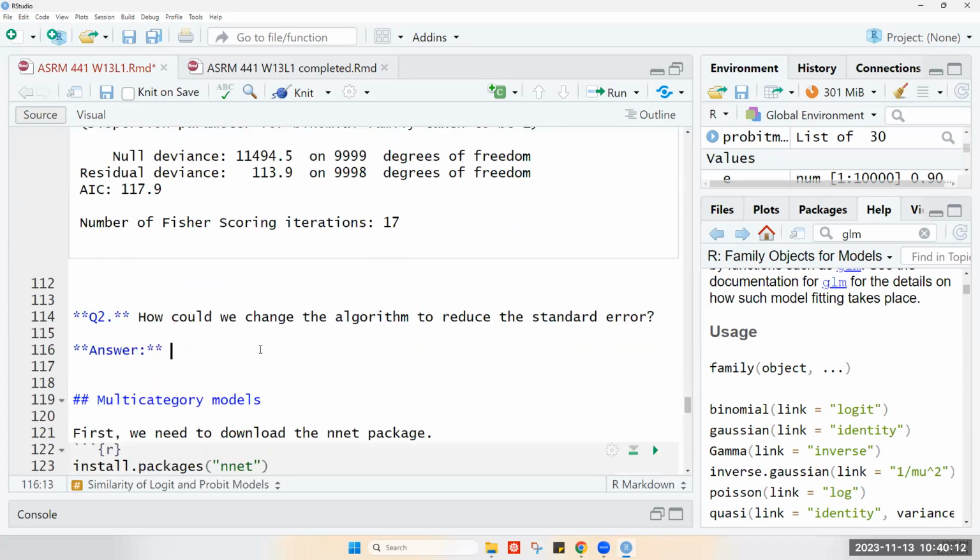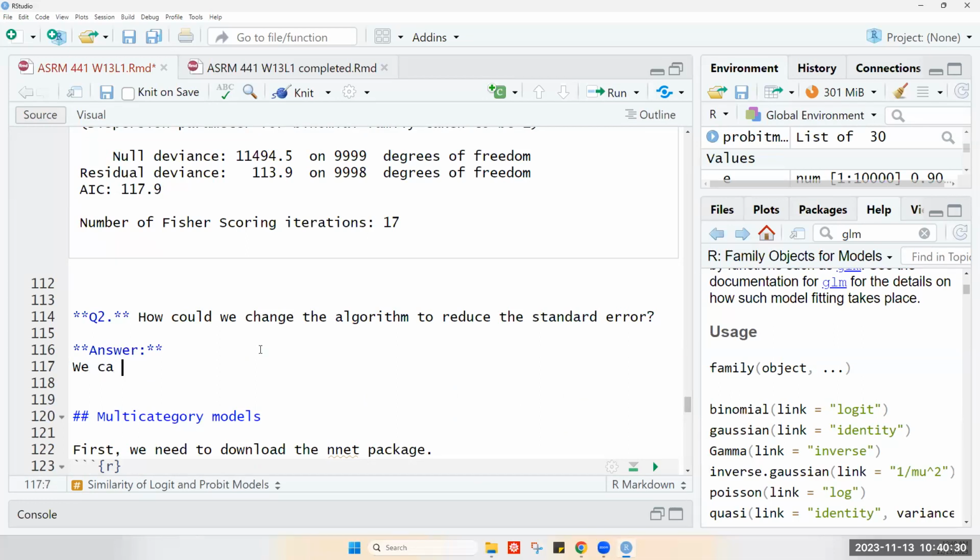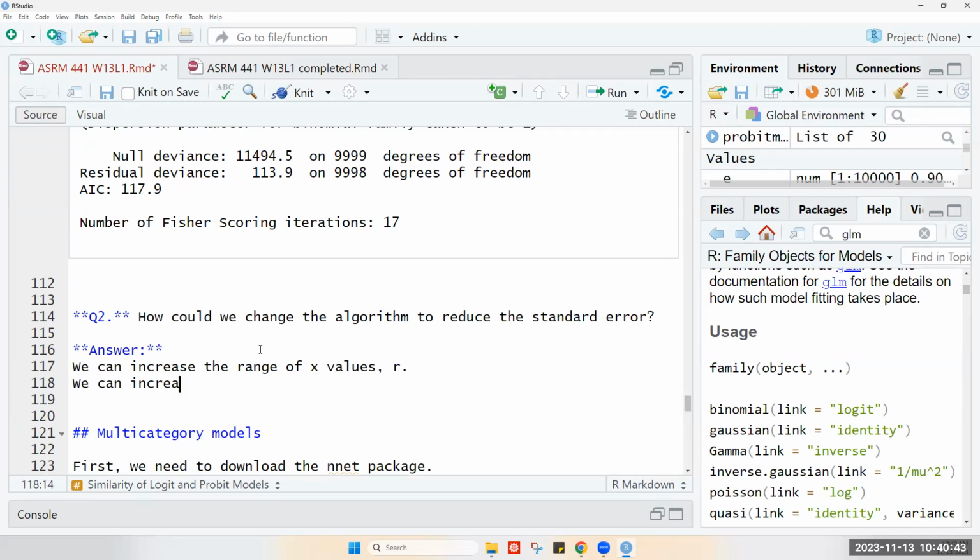Question 2. How can we change the algorithm to reduce the standard error? So a standard error has to do with how spread out our predictions are. So we can increase the range of x values, which is r. We can increase the number of observations with n.